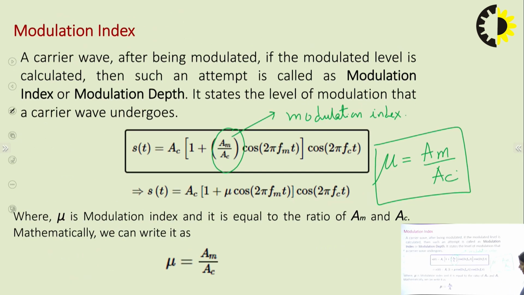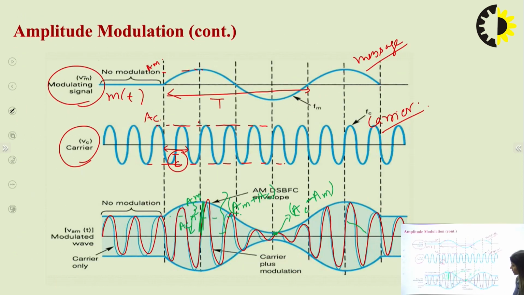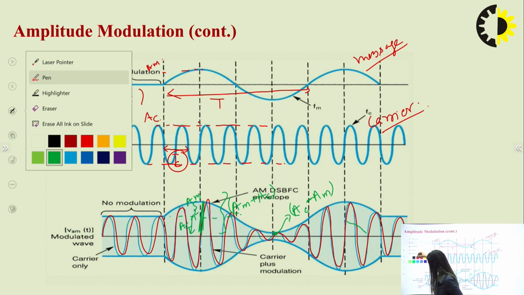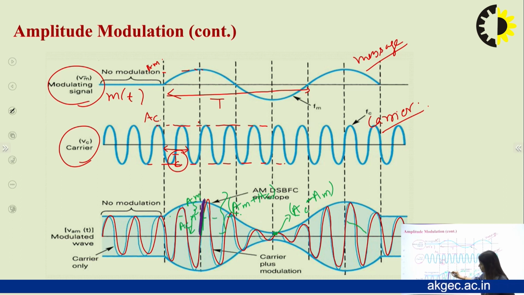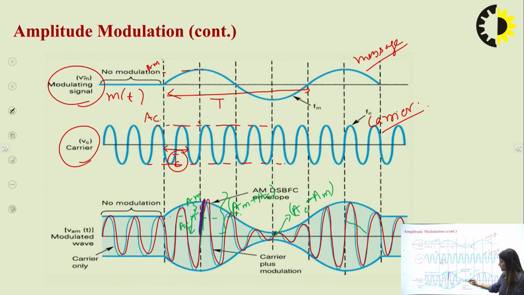So already I told you, if I calculate this thing, this is my AM plus AC. So what is the maximum amplitude of the AM modulated wave? This is AM plus AC. This I have calculated, that is AC minus AM, and this is my minimum amplitude. This is my maximum, this is my minimum.